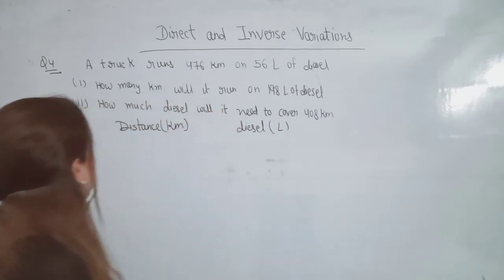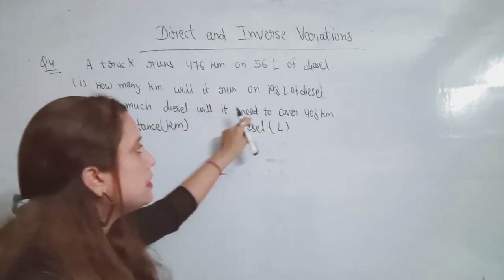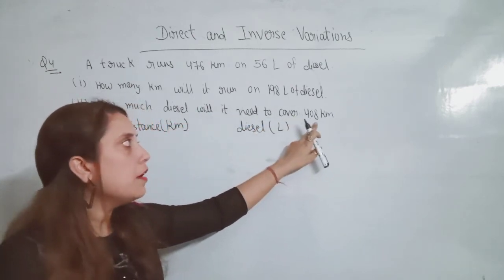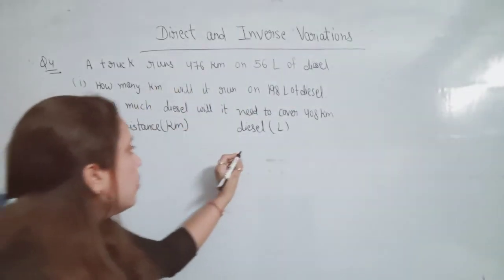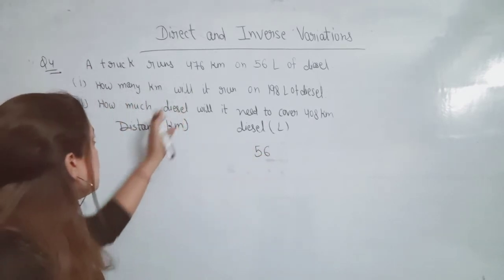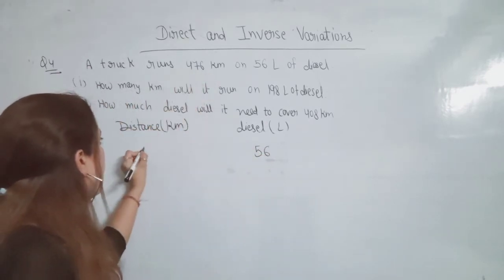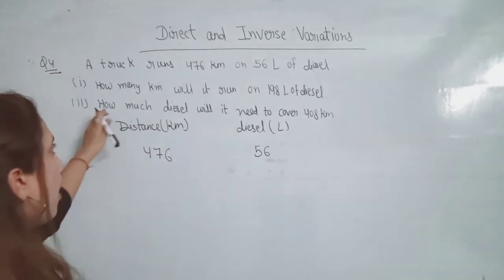The second part is how much diesel will it need to cover 408 kilometers distance. On 56 liters the truck covers a distance of 476 kilometers. Okay, how much diesel?